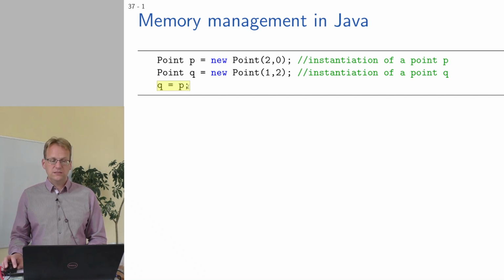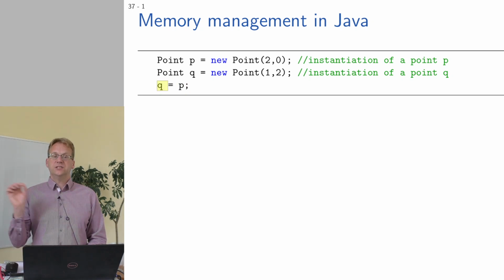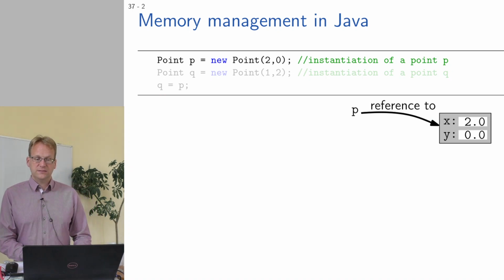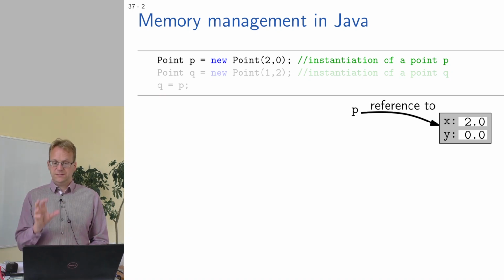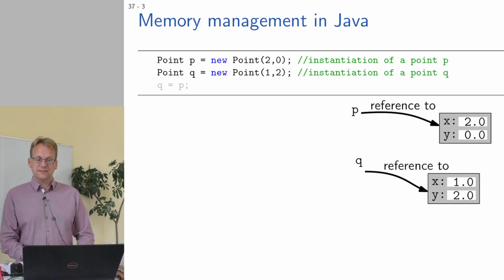Q is equal to P, meaning we take variable P, we look at what point object is referred to by P, and after this assignment, Q is referring to the same point object. Animating this, with the first line of code, you have something like this. You have a variable P, which is a reference to a point object somewhere in the memory.